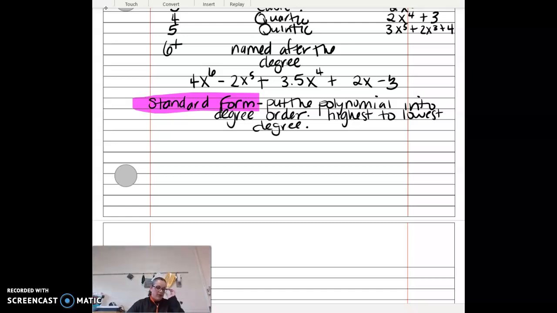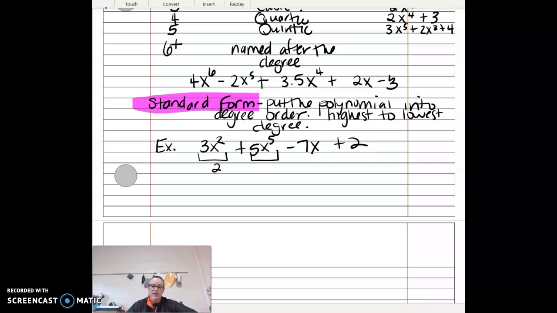So for example, if I give you a problem like 3x squared plus 5x to the 5th minus 7x plus 2, what you're going to want to do is find out what the degree is first and then put them in numerical order. So this one has x squared, so the degree is 2.